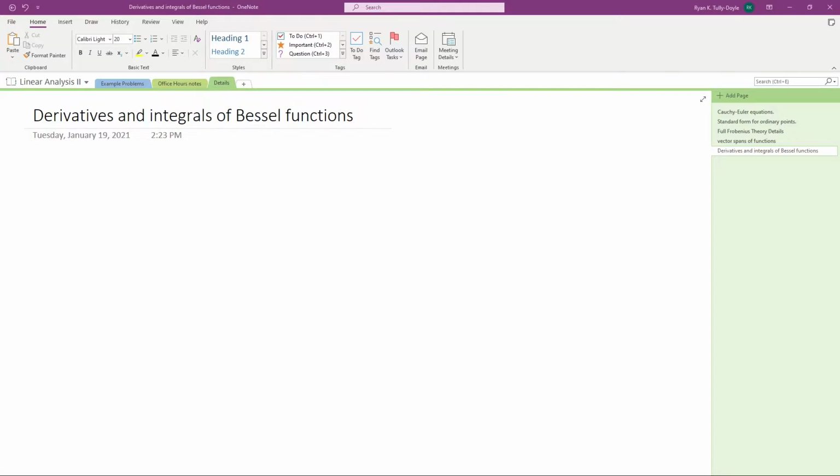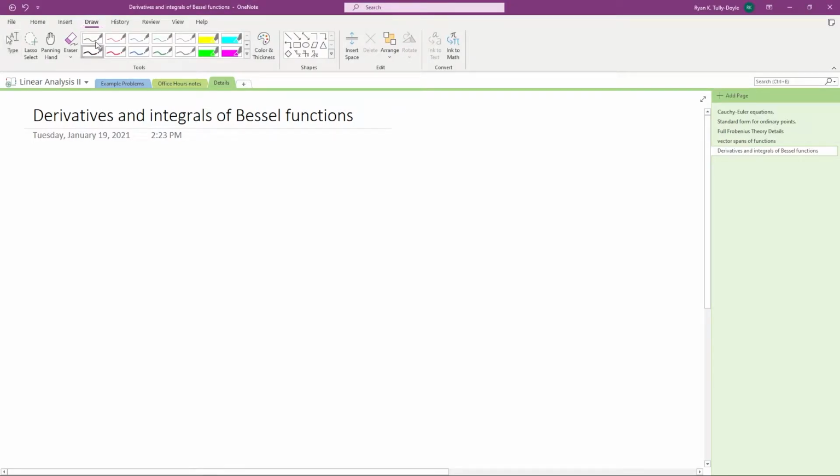So the first thing is that in physical systems, it's typical that what we want is functions that have bounded behavior at 0. And from the properties of Bessel functions, it's pretty easy to see that Bessel functions of the first kind, that is, your J alpha of x, are bounded at x equal to 0.